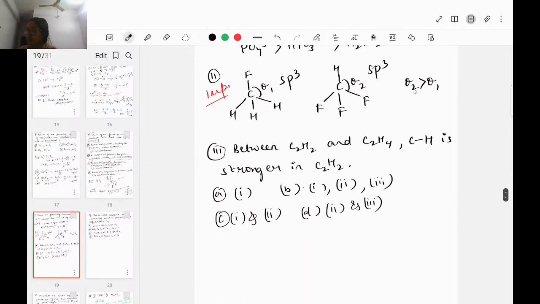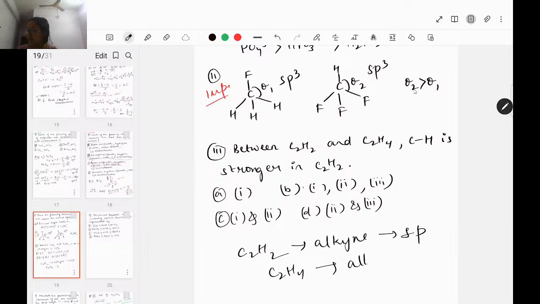Between C2H2 and C2H4, the CH bond is stronger in C2H2, right? Because C2H2 is an alkyne, which we have discussed is sp hybridized, and C2H4 is an alkene, which is sp2 hybridized.